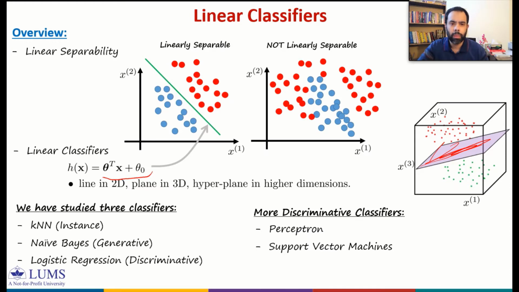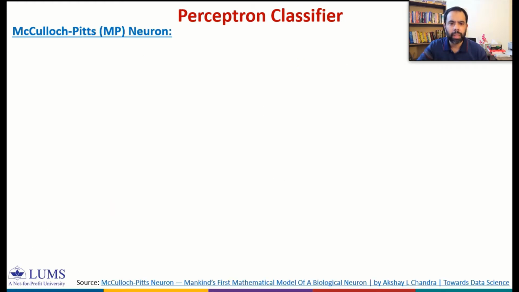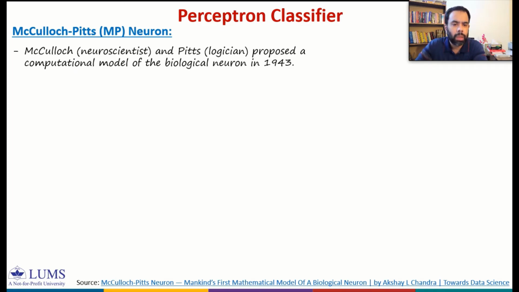We start with the McCulloch-Pitts neuron. It's a model proposed by McCulloch and Pitts back in 1943 for a biological neuron. We start with a simplified illustration of a biological neuron first, and then we will talk about the McCulloch-Pitts neuron.